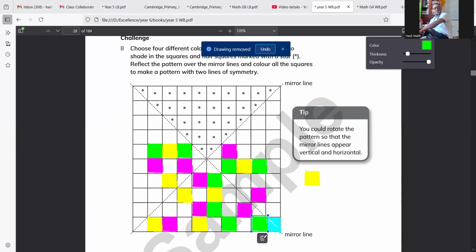So this one, you need to color it. Look here, I color this with pink, so I need to color this with pink. So when I fold it over, it will be pink. And when you fold it over this one, those two pink colors will be at this point here, this one and this one. If I take this pink color and put it over here, and take this pink color and put it over here.